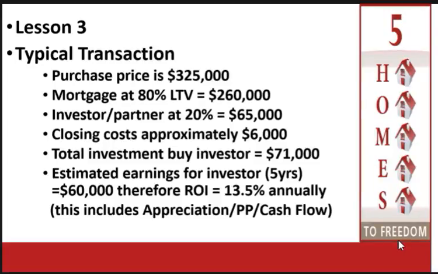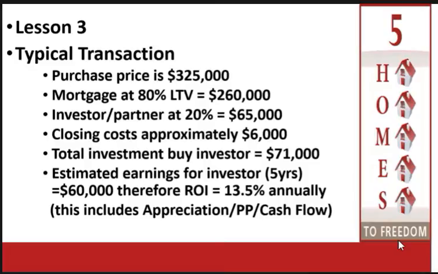Now, over the course of 5 years, the investor can expect to achieve a return of approximately $60,000. Now, I'm selecting that number based on past experience. That number, though, is going to be all over the map. It depends on the market that you're investing in, what the appreciation rate is, depends on the interest rate you're paying on your mortgage, depends how much you paid for the property, depends how profitable the property is.